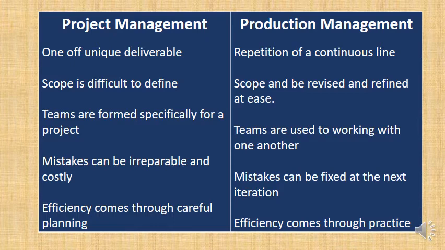And so with production management, you learn to become more efficient through practice. You start off very slow and inefficient in your production of bricks, but in time, with practice, you become more efficient. You can't do that with a project because you're only going to do this once. So to be efficient, that comes through careful planning.